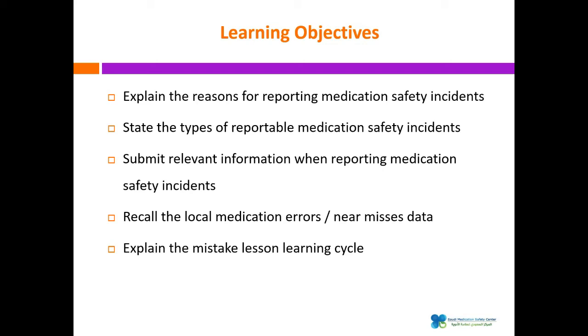This error caused significant harm and required an extensive amount of investigation to determine the cause of the error, and then go on and implement changes in the organization within the operating theatre to ensure that this sort of thing never happens again, inshallah. So this is the role of the medication safety team.